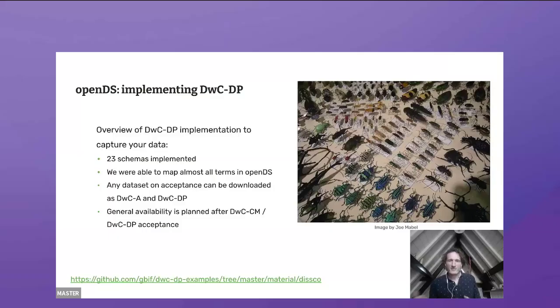I think the biggest dataset that we have now as a Darwin Core Data Package is about 750,000 records in total. And when the Darwin Core Data Package and conceptual model go through the ratification process, we'll also move this to our production environment.